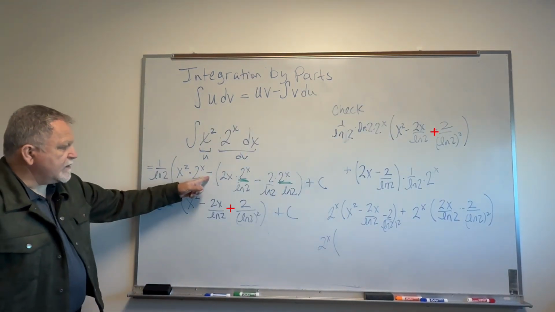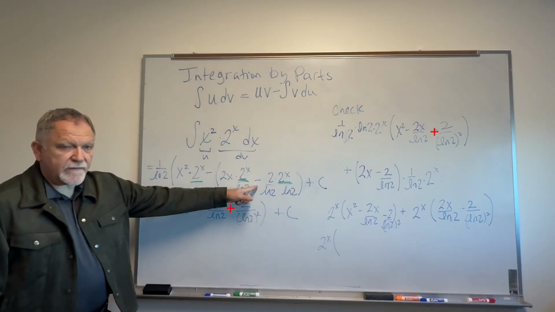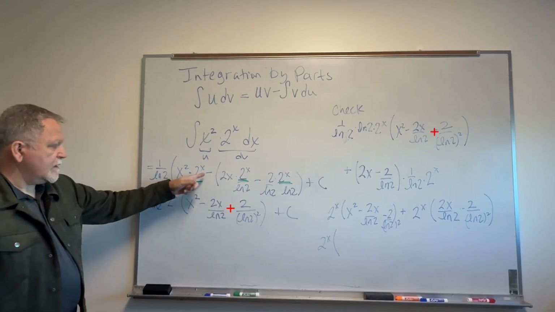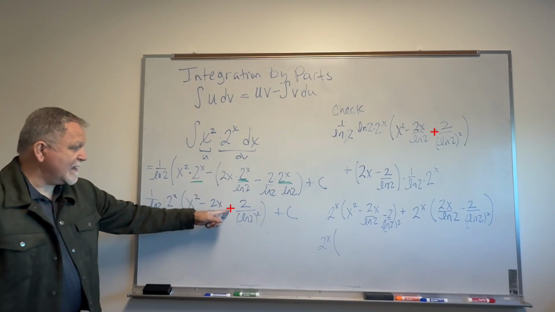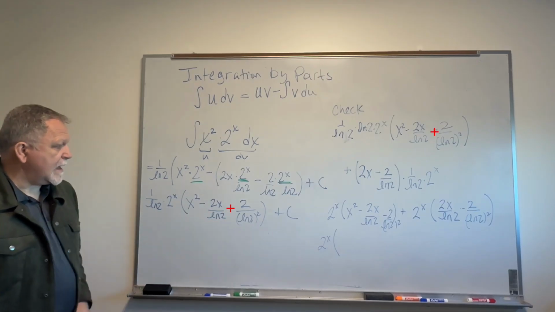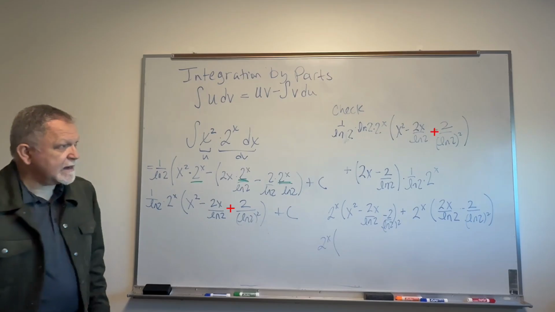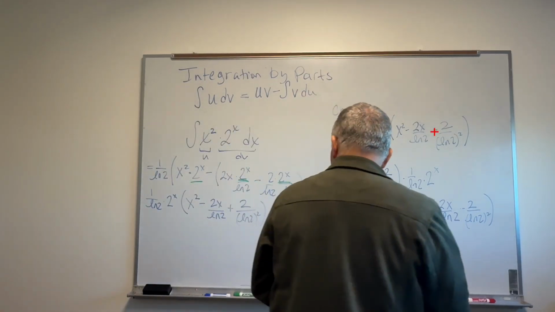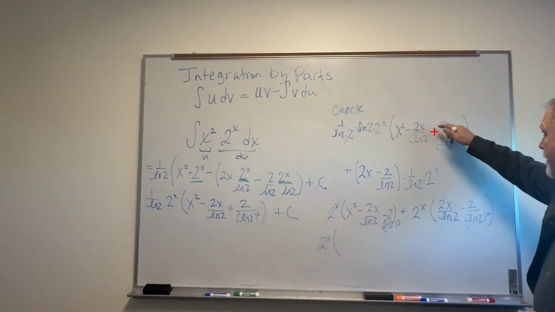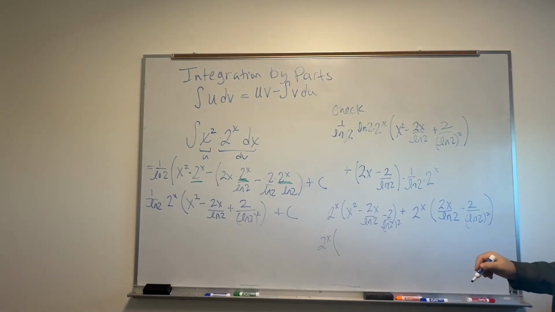So notice here I have a negative here and a negative there. This negative times that negative should make this a positive. But I did not write it as a positive, so I'm going to fix that. Makes that a positive. That comes over here, makes this a positive.